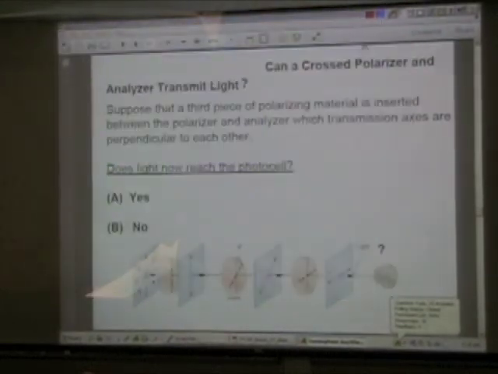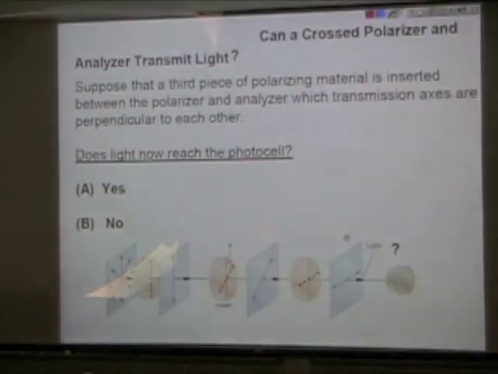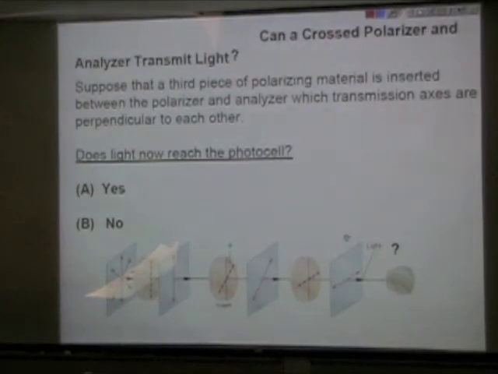Well, first of all, it's physics, so we can actually run this experiment and see what's going to happen. All I have to do is take the polarizer and slide it between these two.